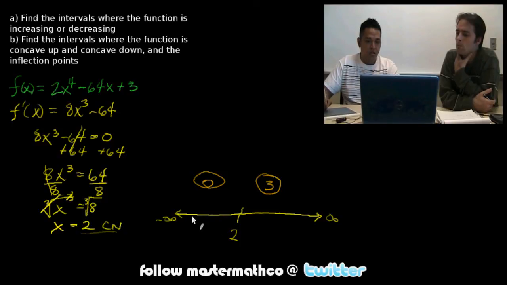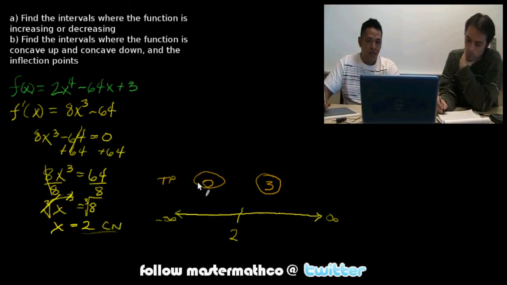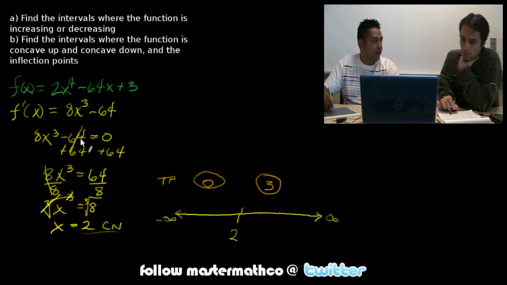Now to check whether it's increasing from negative infinity to 2, we need to get our test points and plug them into our first derivative. We can keep it in orange since we're on the test points.